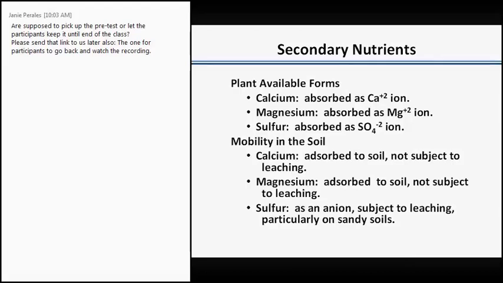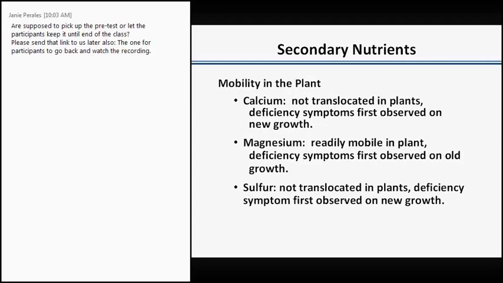So calcium and magnesium we really don't see from a leaching standpoint, with the exception of weathering of soils over a long period of time. So calcium and magnesium are not subject to leaching, but they are very much subject to erosion because they adhere to the exchange sites. Sulfur as an anion is much more subject to leaching, and again particularly in our acid sandy soil.